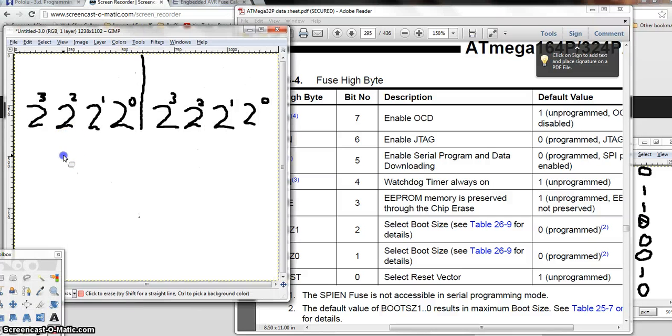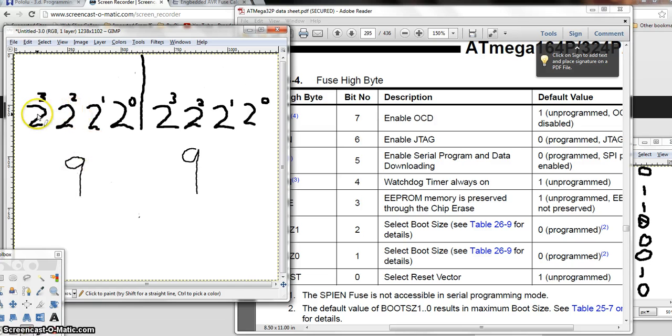So, second, we get a pencil. Basically, we're going to do the same thing again. We're going to convert 99 into a byte, and then see what the settings are. So once again, we have 9.